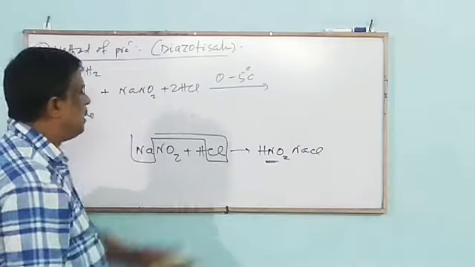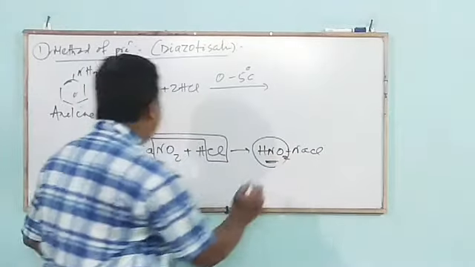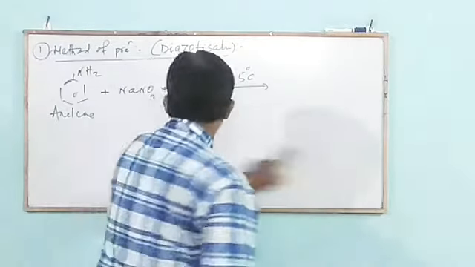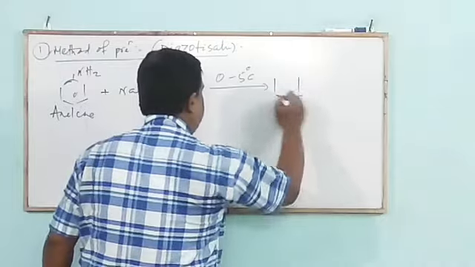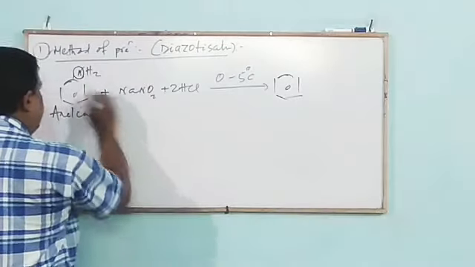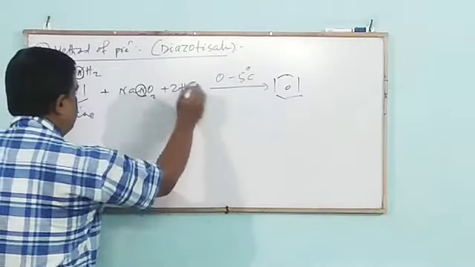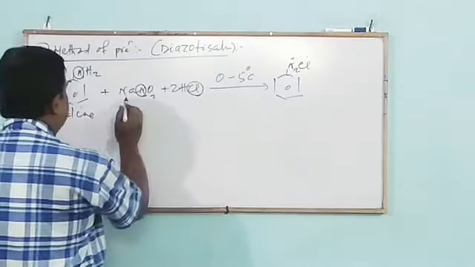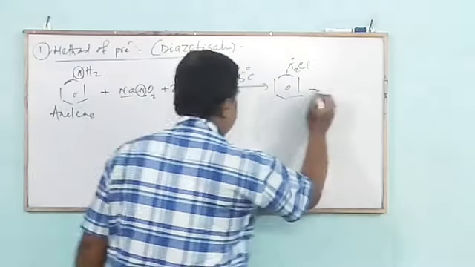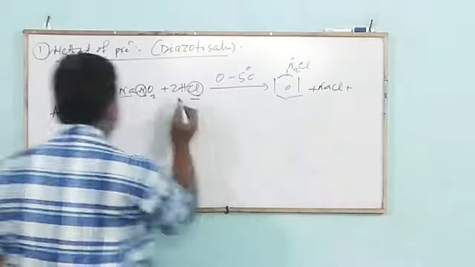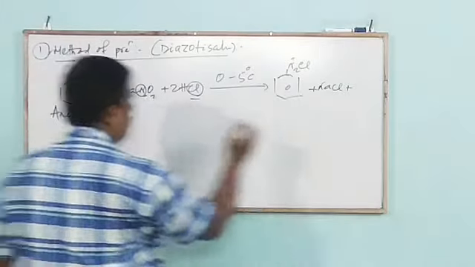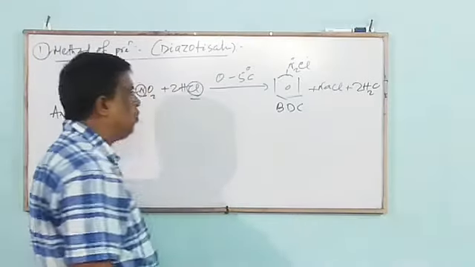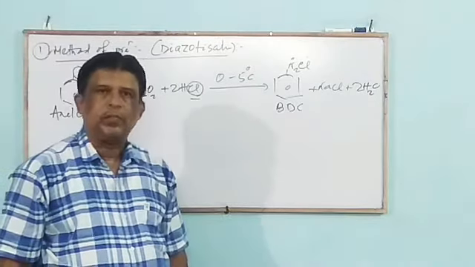So the symbolic representation of nitrous acid is sodium nitrite plus hydrochloric acid. Mark that, what happens when it reacts: one nitrogen, two nitrogen, one chlorine, that is N2Cl. Next, one Na, one Cl, that is NaCl, plus 2H2O. It is benzene diazonium chloride, or symbolically it is represented as BDC.